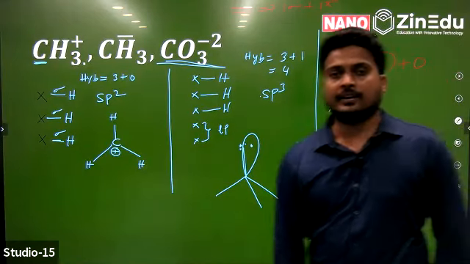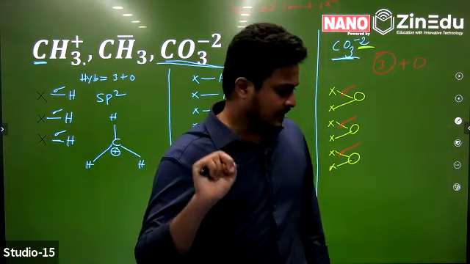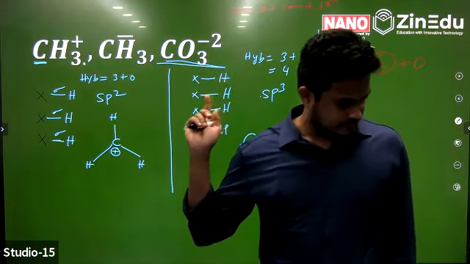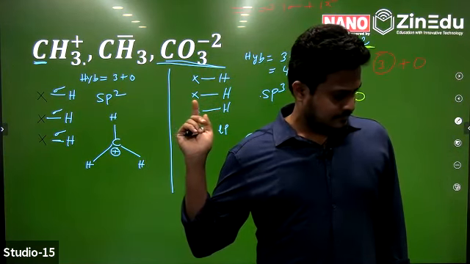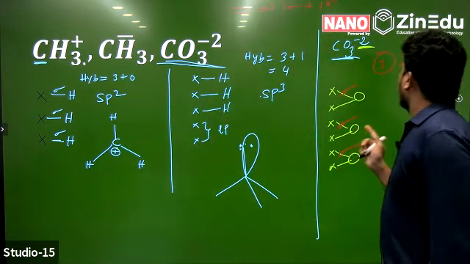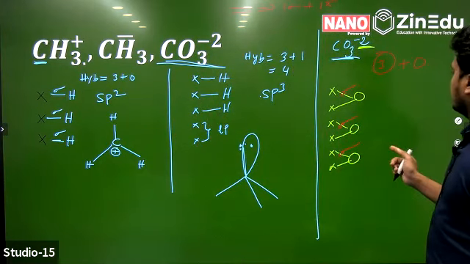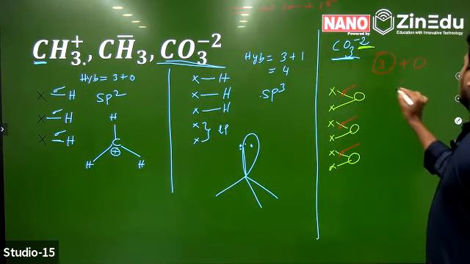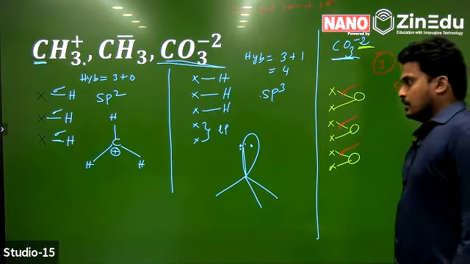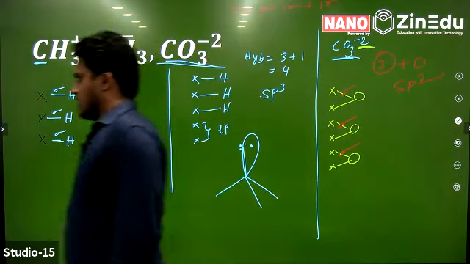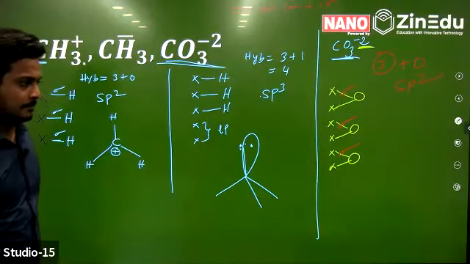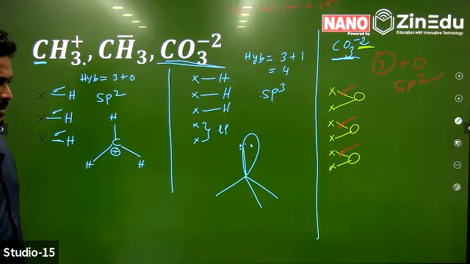Now tell me, what is the hybridization? sp2. Total count is 3, so sp2. Shape of the molecule? Trigonal planar. Very good.